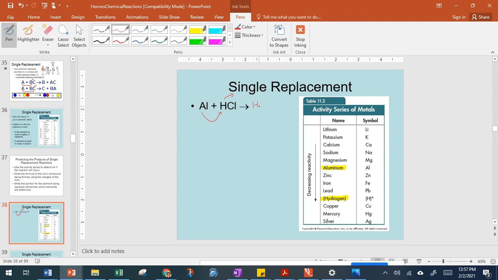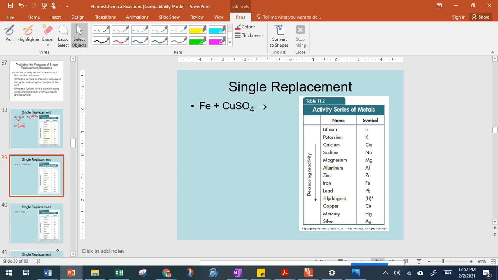Hydrogen is by itself, and when it's by itself, it's diatomic. And then aluminum and chlorine are going to form a compound. Remember, aluminum's +3, chlorine's -1. Do the crisscross, and that will give you AlCl3. And then we just have to balance it. We would balance it by putting a 6 here, a 2 here, a 3 here, and a 2 here.